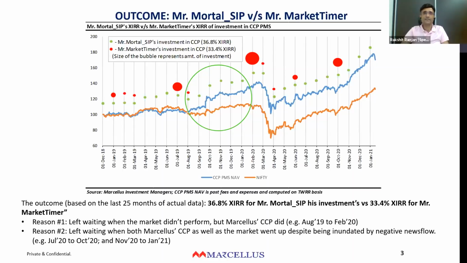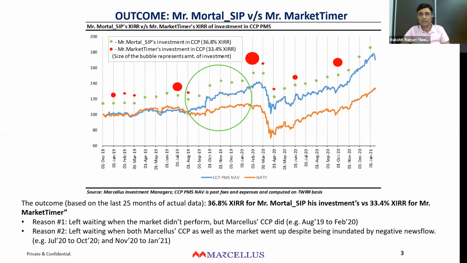What's happening here is the market is not giving a negative monthly return, right, because since 1st of August, there is no negative monthly return. Mr. Market Timer waits for the crash. The crash does come later with a little bit of a lag, right? But in the meantime, CCP PMS's NAV goes up quite significantly, despite the fact that the market doesn't go up much, right?